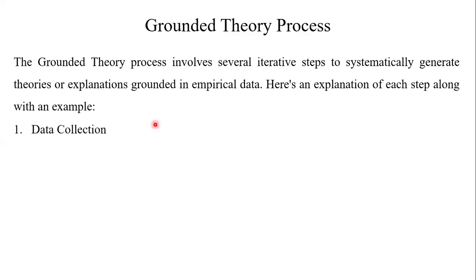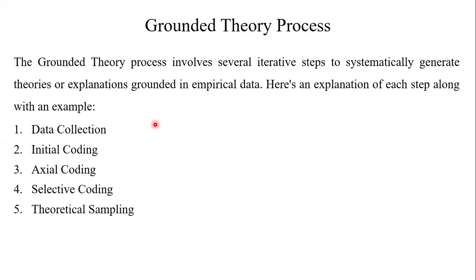The first step is data collection. The second step is initial coding. The third step is axial coding. The fourth step is selective coding. The fifth step is theoretical sampling. The sixth step is theoretical coding, and the seventh one is theoretical saturation.